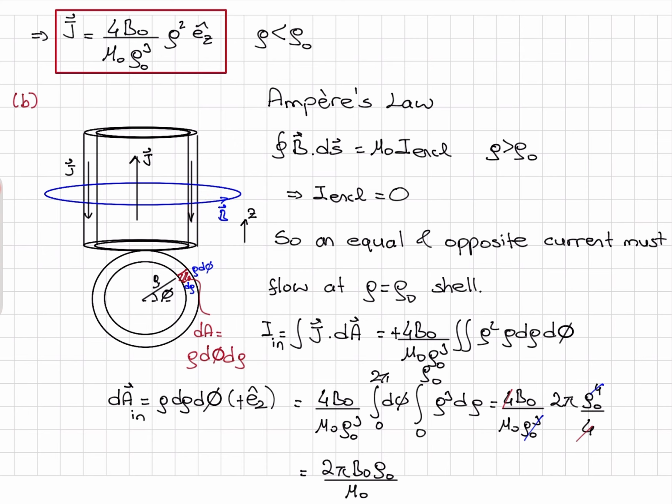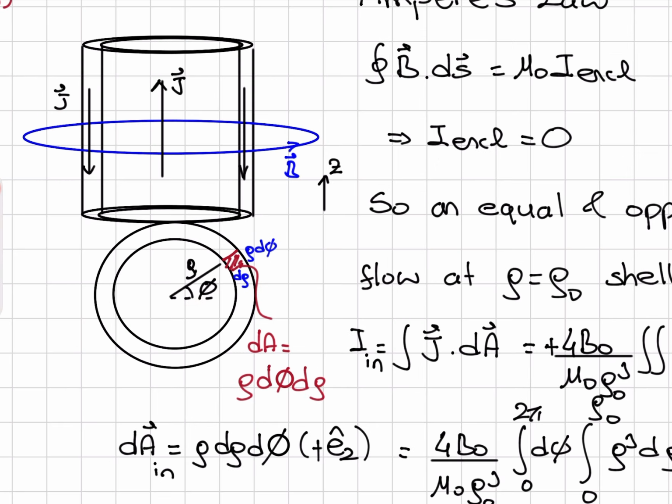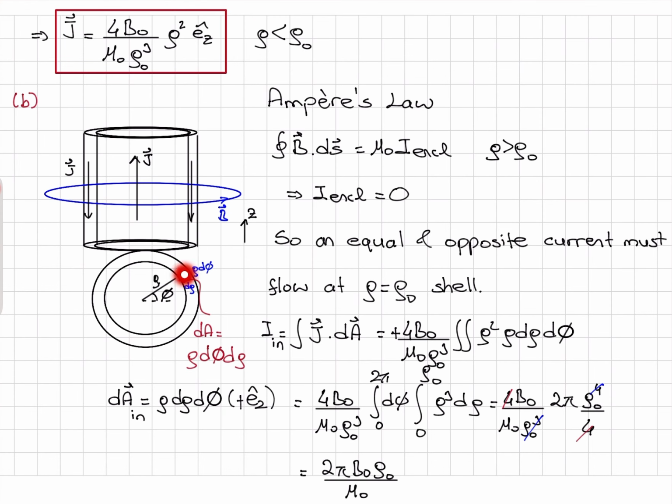So in order to calculate the total current that flows inside the cylinder, I do the integral J dot dA, where the area vector is defined by the current direction. So this is in the plus EZ hat direction. And for a differential area here, I'm going to have rho d phi d rho, as we can see from this sketch.